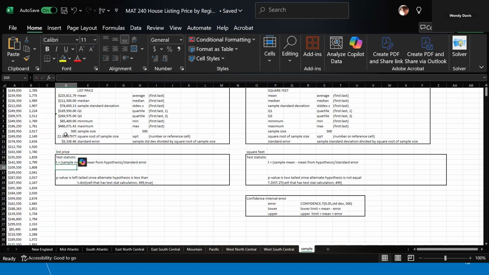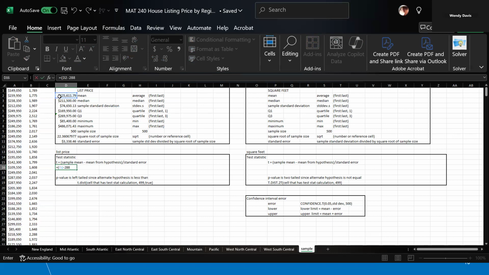Okay, now our test statistic, you take the sample mean and subtract the mean from the hypothesis, divide by the standard error. Okay, so equals. Now, these parentheses are very important because we have to have the subtraction done first, then the division.